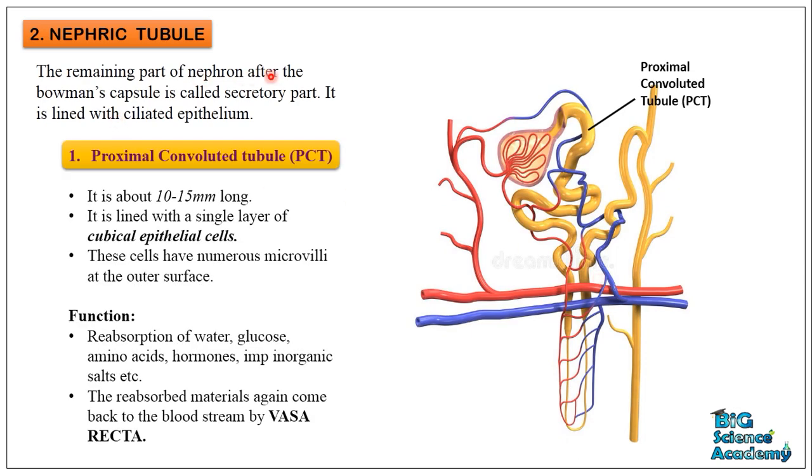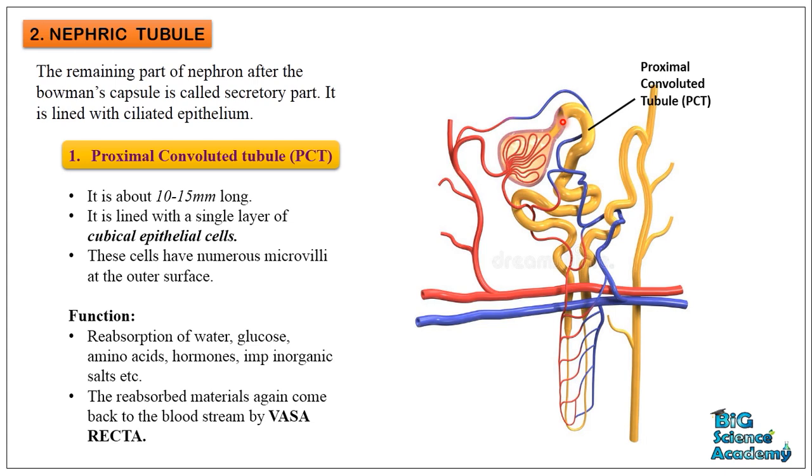The remaining part of the nephron after the Bowman's capsule is called the secretory part, and it lies within the ciliated epithelium. The first one is the proximal convoluted tubule or PCT. It is about 10 to 15 mm long. It is lined with a single layer of cubical epithelial cells.